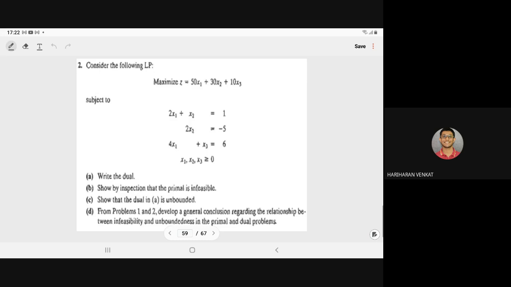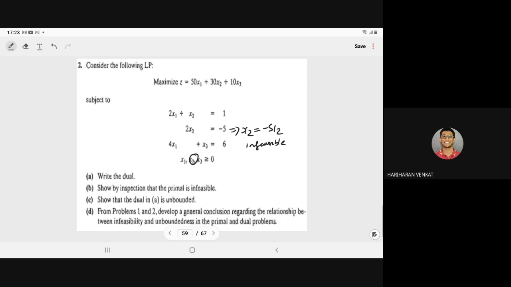From the second constraint, what is the value of x2? x2 is equal to minus 5 by 2. But here x2 is non-negative, and it is coming negative. So this shows that it is infeasible. So the primal is infeasible. There is no need to solve; directly you can say the primal is infeasible.